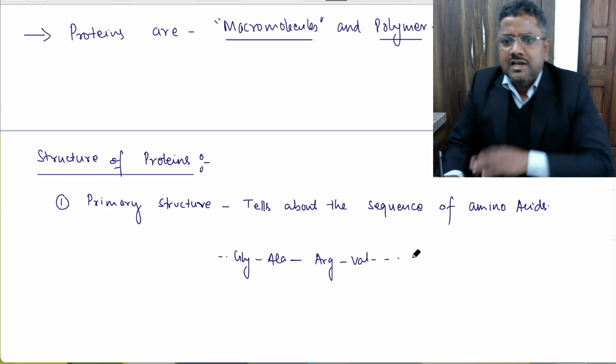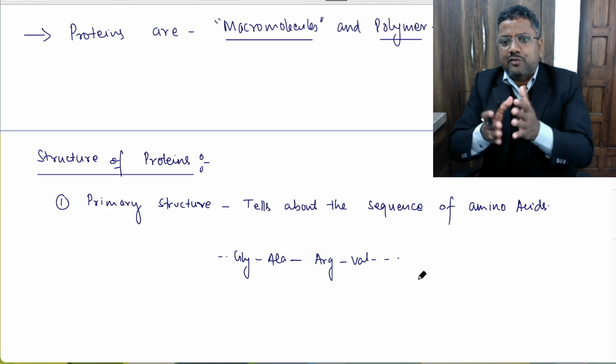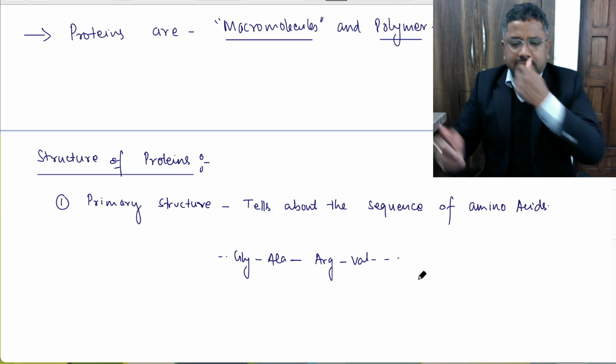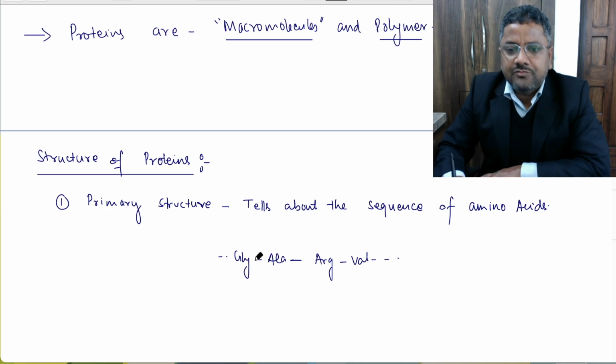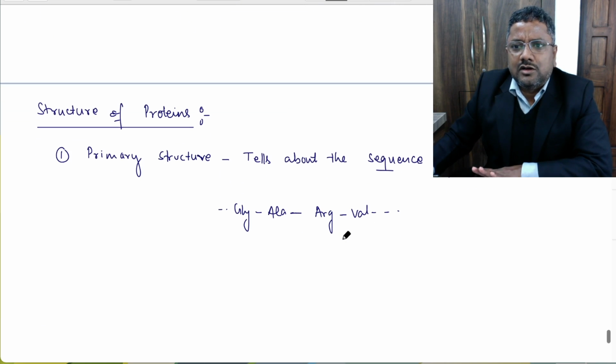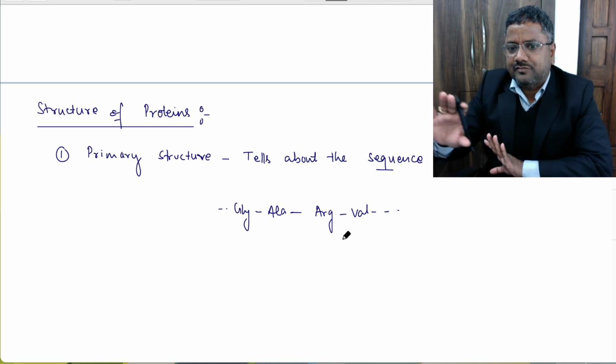Means in the primary structure we study how this peptide or protein is made up of the different amino acids. What is the sequence? After glycine, alanine is there, arginine is there, like that. This is the very primary structure, which tells about the sequence.